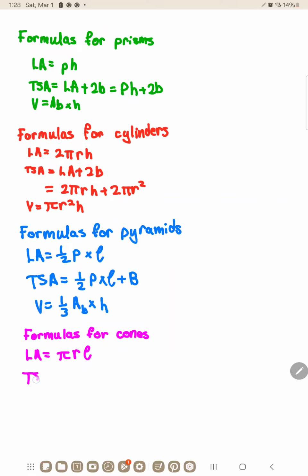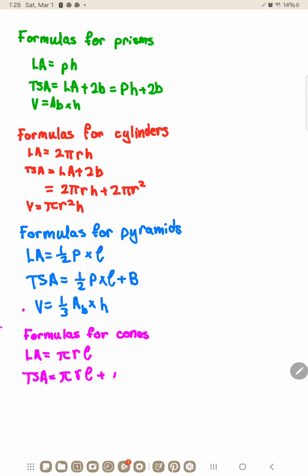Total surface area is pi r slant height plus pi r squared, sorry, not h.